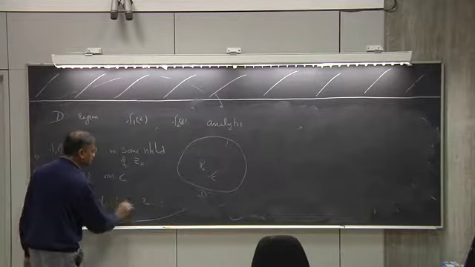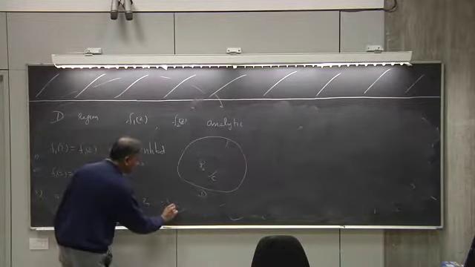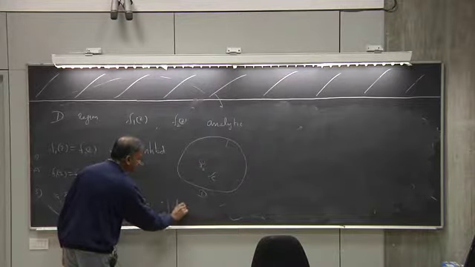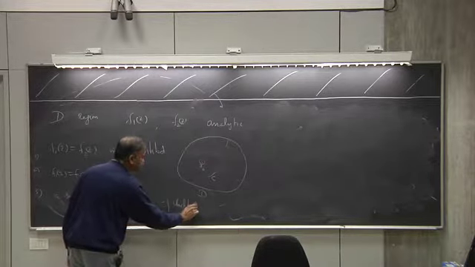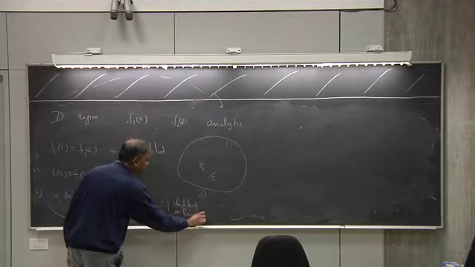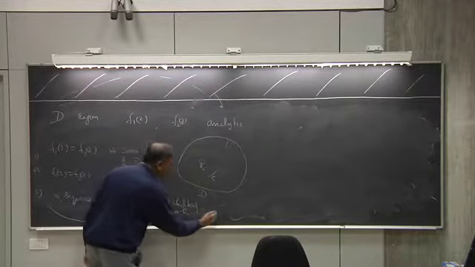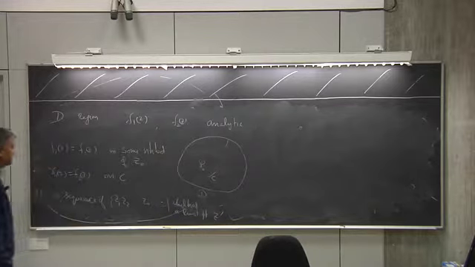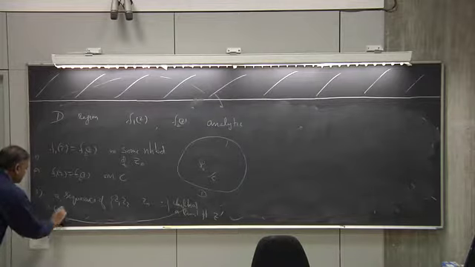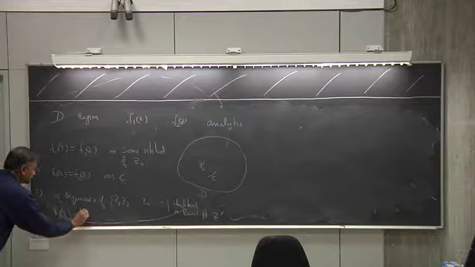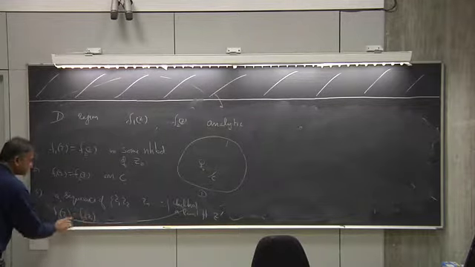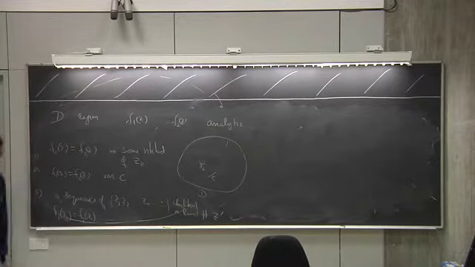This is an infinite sequence of points which has an accumulation point, a limit point, the same thing, let's say some limit point z prime, and f1 of zi is equal to f2 of zi for all the points of the sequence.